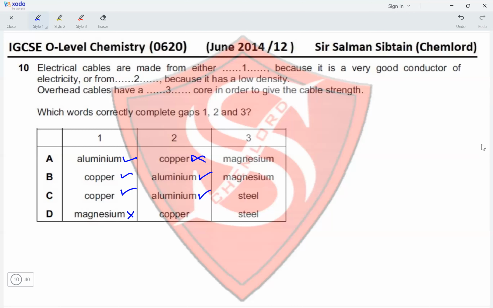So now we continue with B and C. Overhead cables have a dash core in order to give the cable strength. So it has a core made of steel in order to give it more strength. So this eliminates option B and makes option C the correct option for this question.